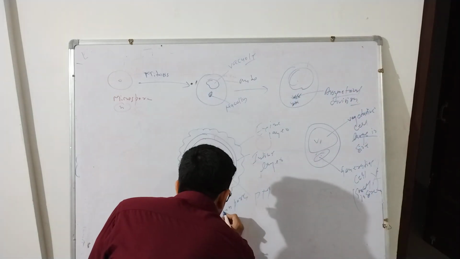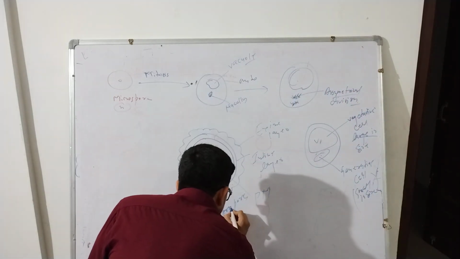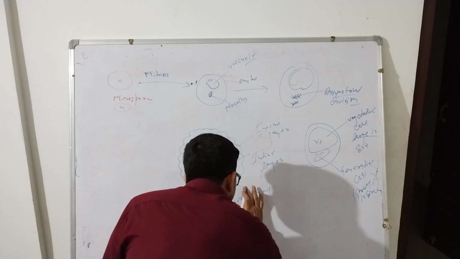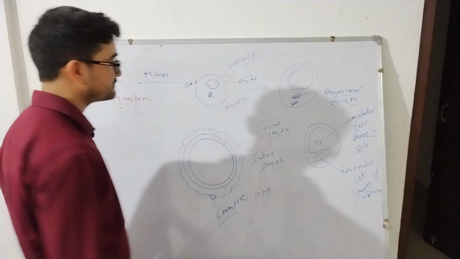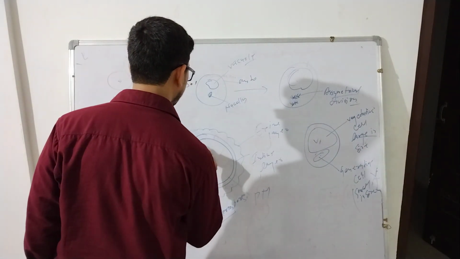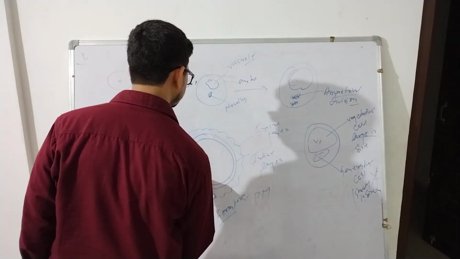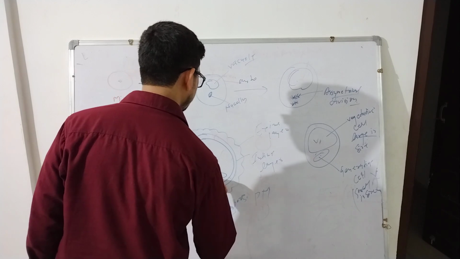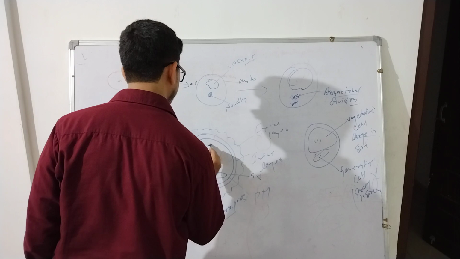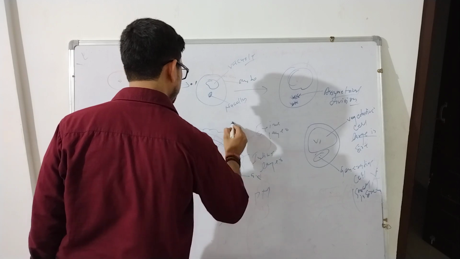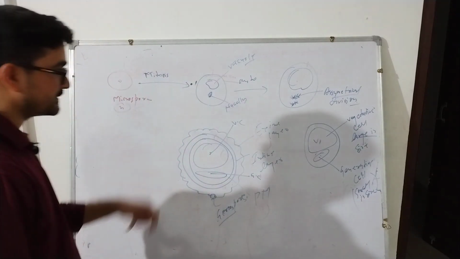This is the germ pore. So this is the complete structure of the generative cell and the vegetative cell. This is the complete.